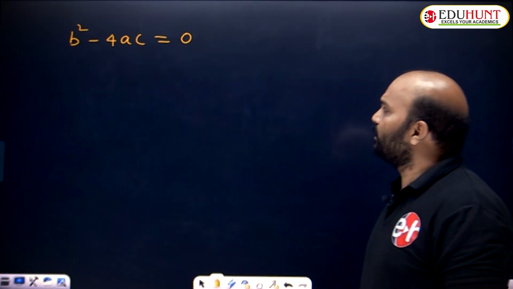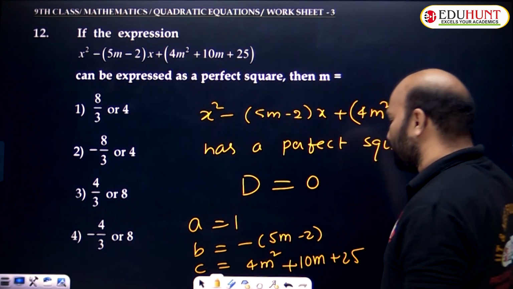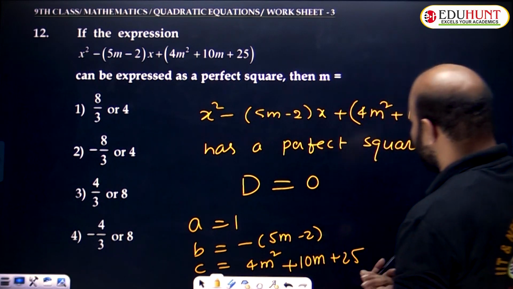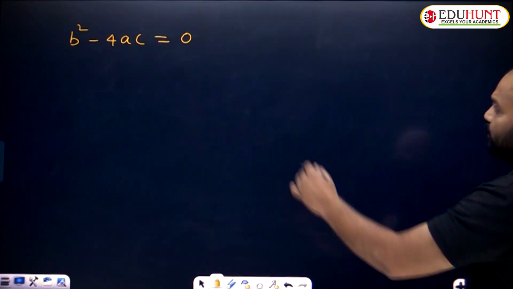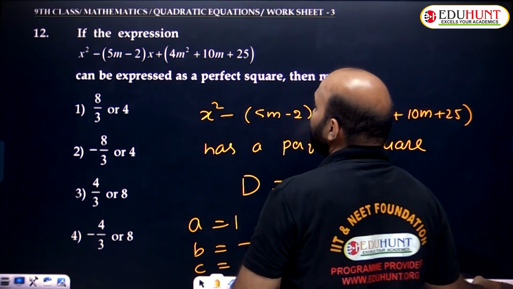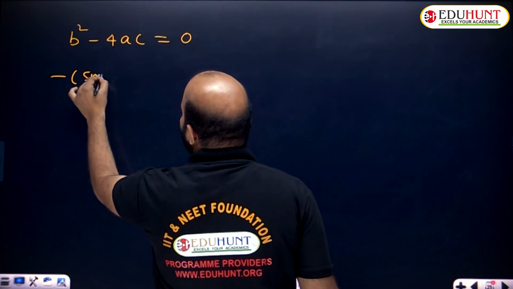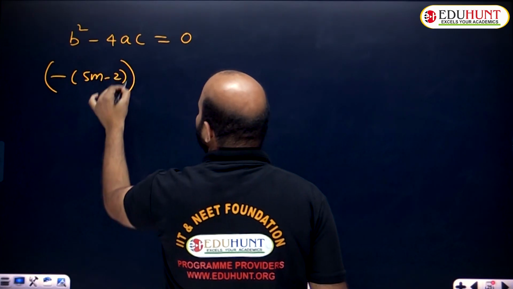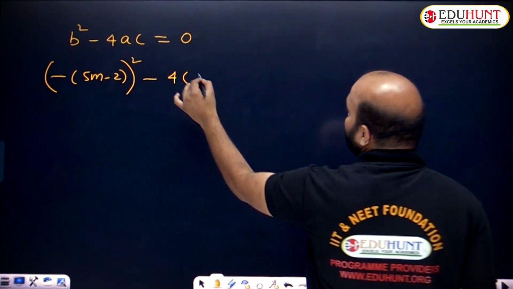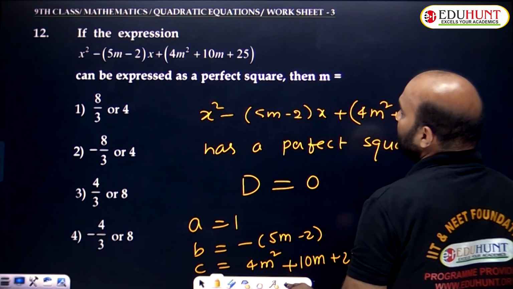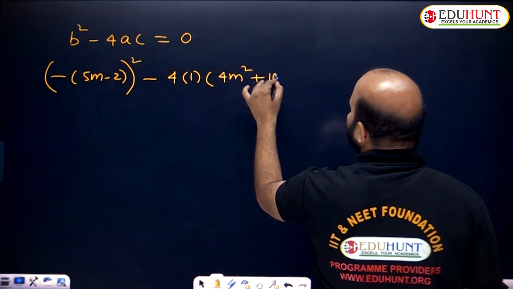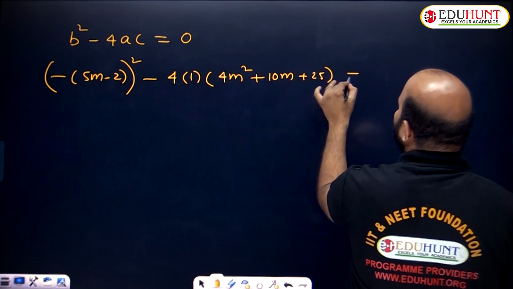So what is the next step? A value is 1, b value is minus into (5m minus 2), and c value is 4m square plus 10m plus 25. Those values we directly substitute in the discriminant formula. B value first: minus into (5m minus 2) whole square, minus 4 into a value, which is 1, into c value, 4m square plus 10m plus 25, equal to 0.